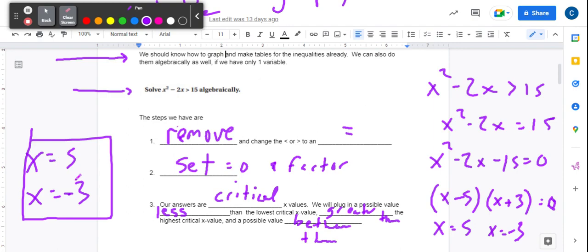We're going to make a little number line and see how to do this. I'm going to clear my screen, pause the video if you need to.